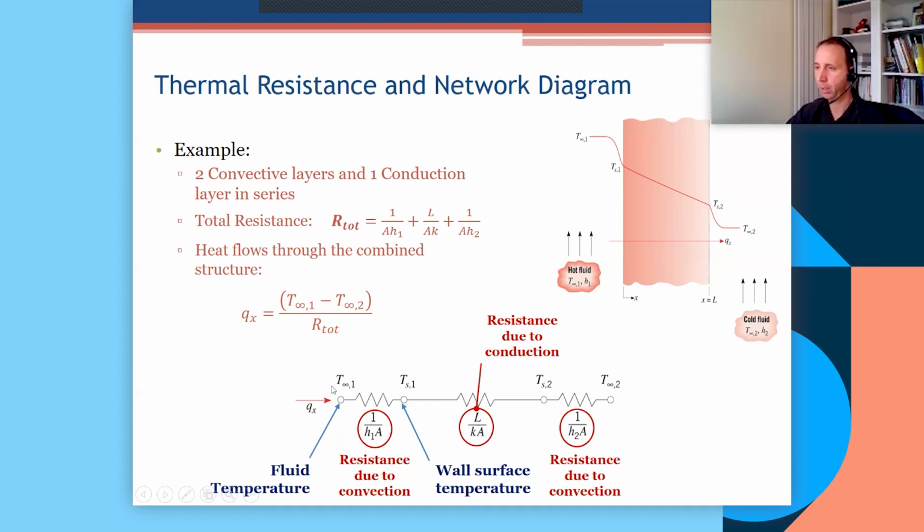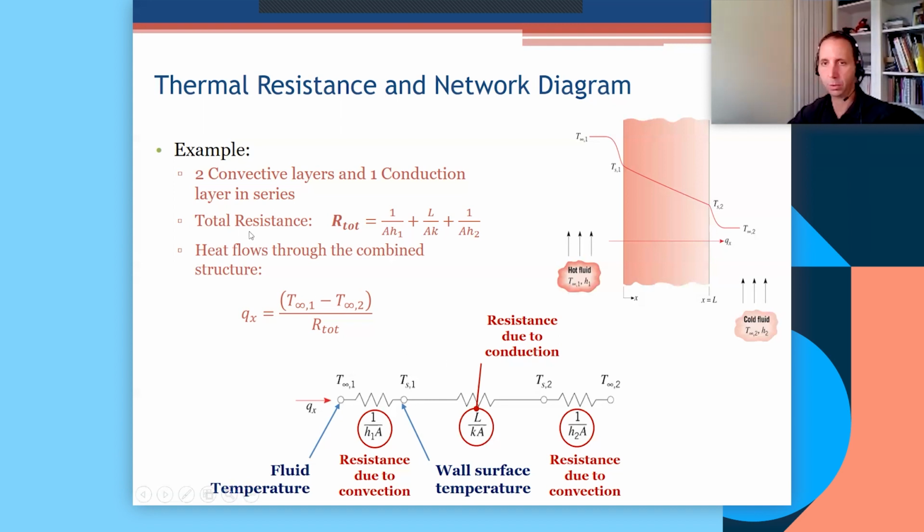So we've got our node, resistance, node, temperature node, resistance, temperature node, resistance. You've got three resistances for three layers and therefore four temperature nodes. The formula for resistance to convection is 1 over hA, and the resistance to conduction is L over kA. Where does that come from?